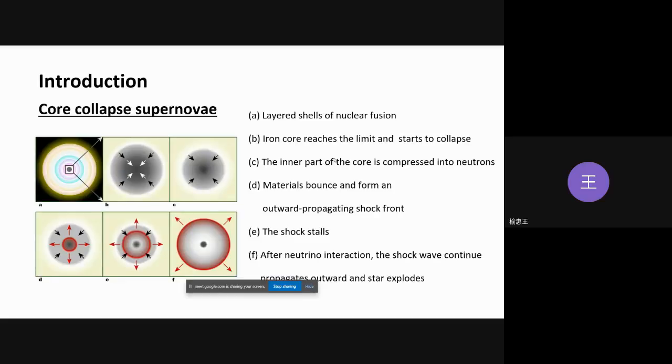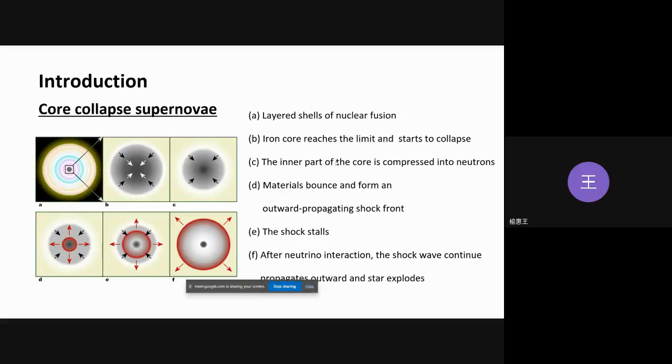First are the properties of core-collapse supernovae. At the end of the life of a star, it has layers of nuclear fusion. The nuclear fusion provides pressure against gravity and stabilizes the stellar structure. But iron and nickel have the highest binding energy, so they cannot be produced at the core by fusion.